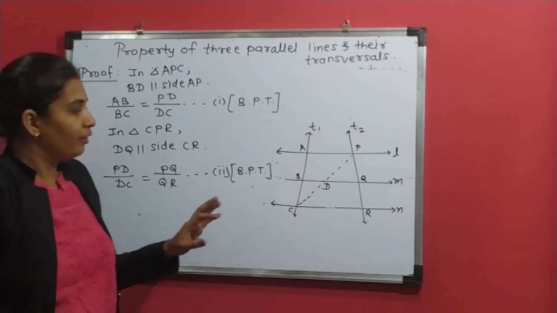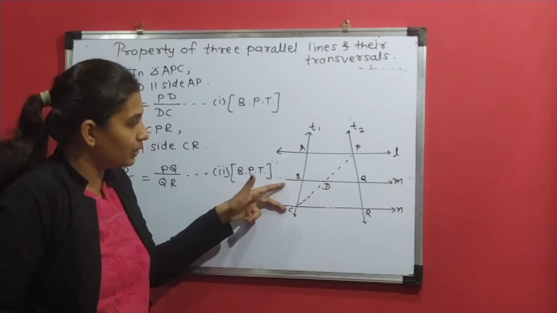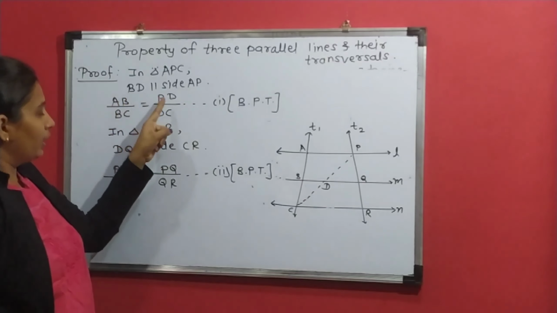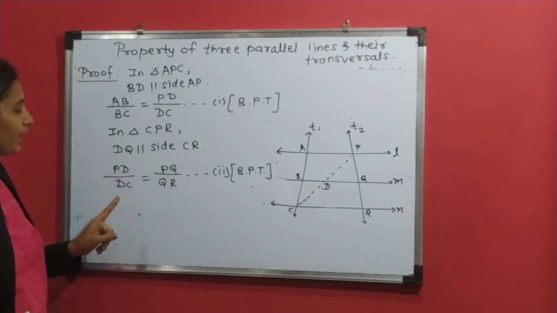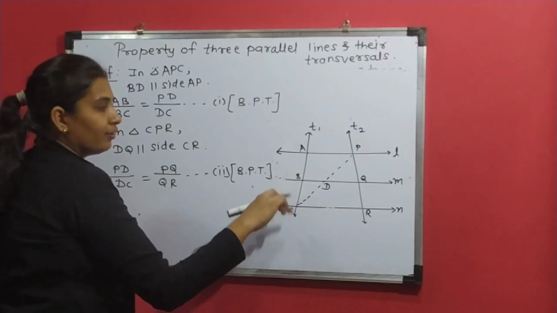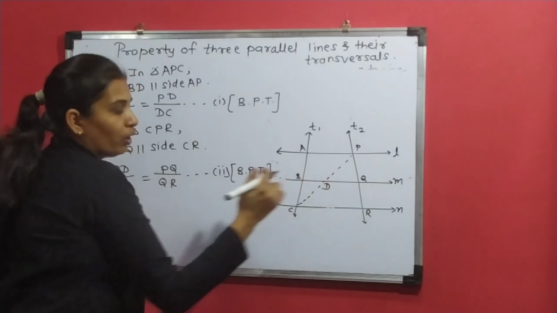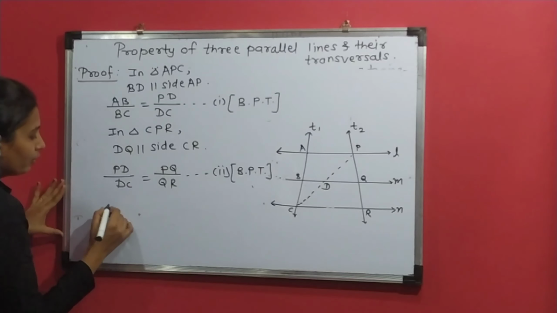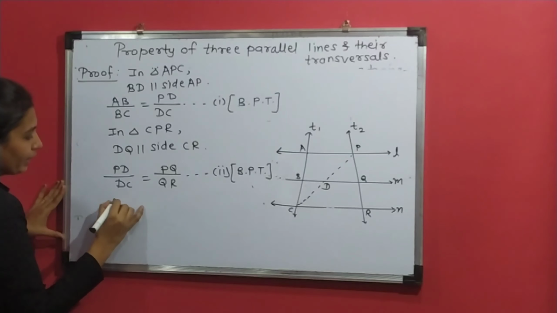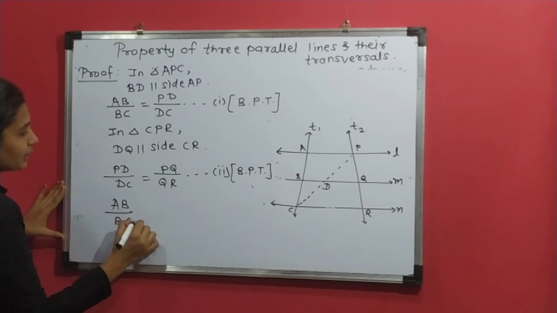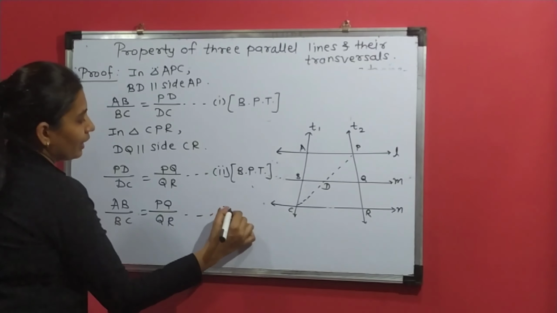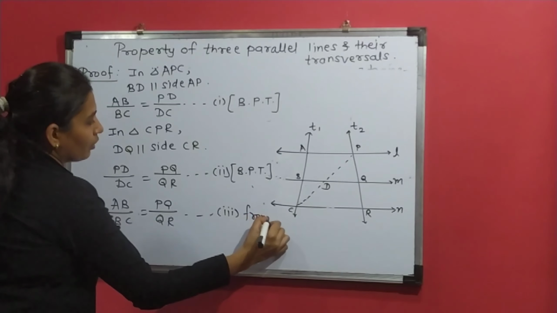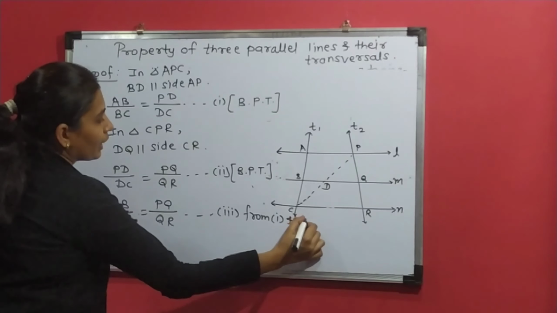Now students, we got AB upon BC equal to PD upon DC in the first, and in the second PD upon DC is equal to PQ upon QR. That's why from 1 and 2 we get AB upon BC equal to PQ upon QR. Give it as number 3 and reason: from first and second.